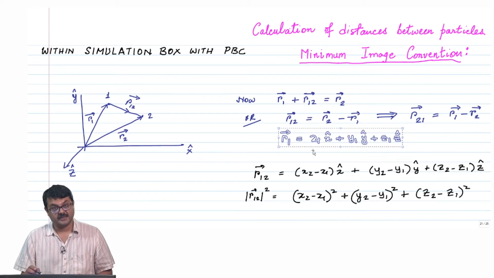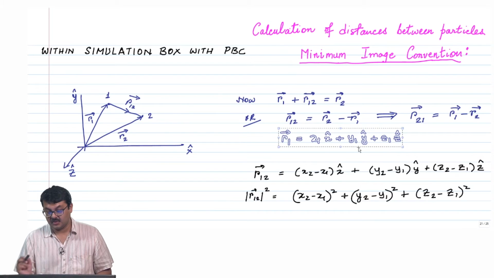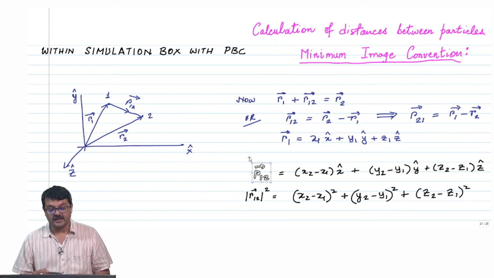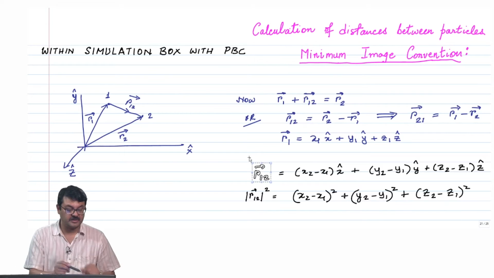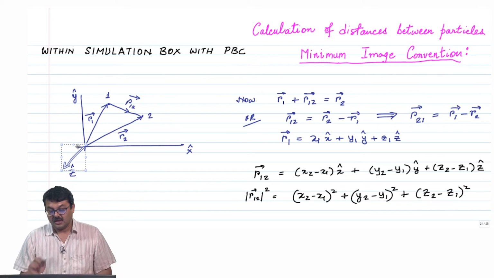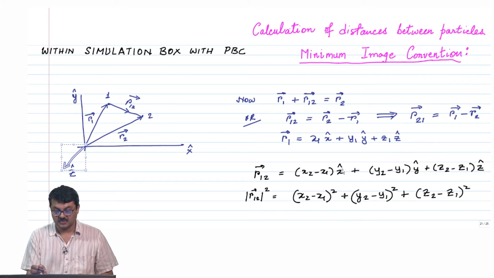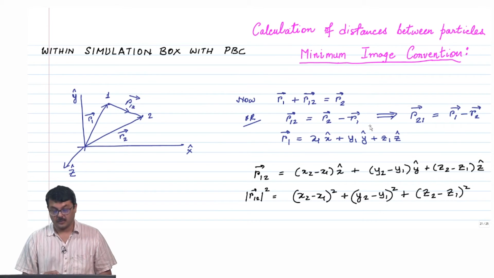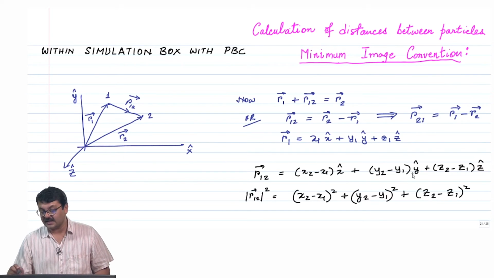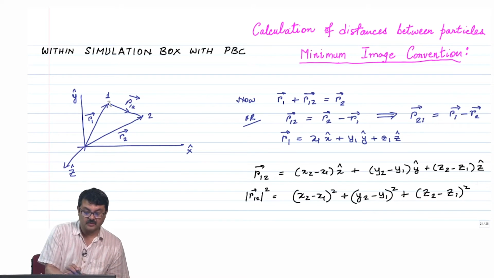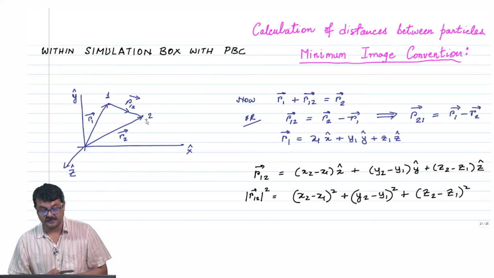You could write it as x1 x hat plus y1 y hat plus z1 z hat, and similarly you can write r2 as well. And then r12, if you have to calculate it explicitly in your simulation box where the origin is at 0, you would do it as x2 minus x1 x hat, y2 minus y1 y hat, and z2 minus z1 z hat, and that is the vector going from here to here, the r12 vector.